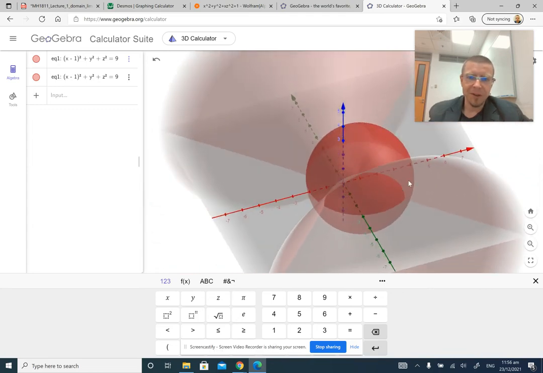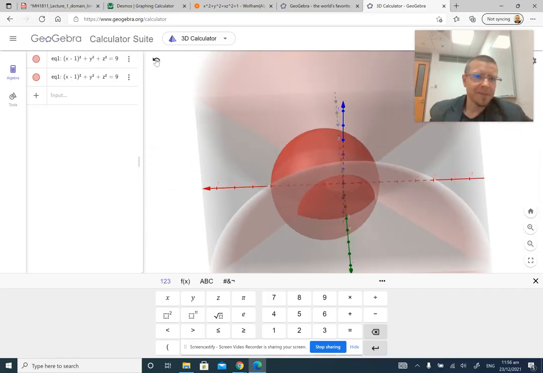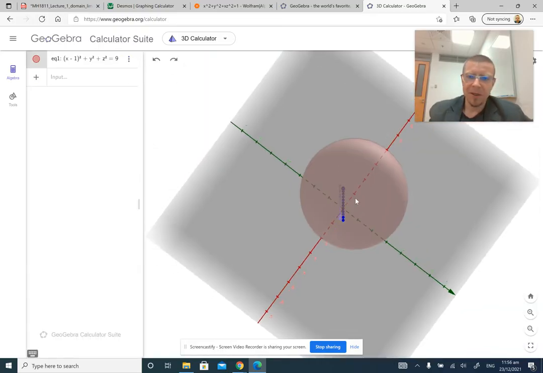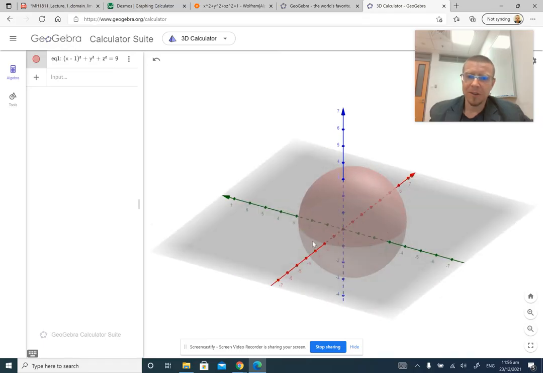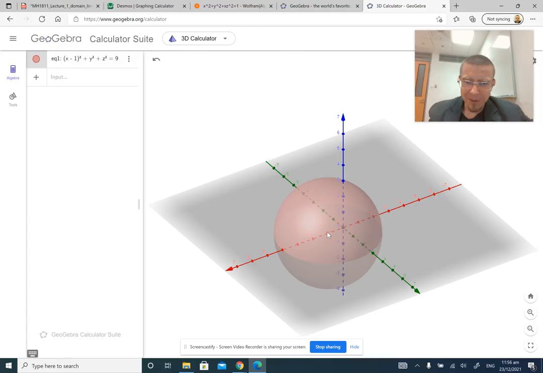Somehow the first hyperboloid did not disappear. Okay, now it's just a sphere. Right, so you see that the center point is (1, 0, 0). So this is somewhere here. You can rotate it and look at it from different angles.